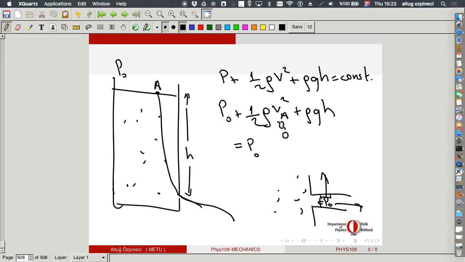Then the pressure balances, and the pressure at this point just becomes P0. If it is not, the water would spread out. It's not at rest. Our previous conclusions were for fluids at rest. This is not at rest. This is flowing. There's acceleration, etc.